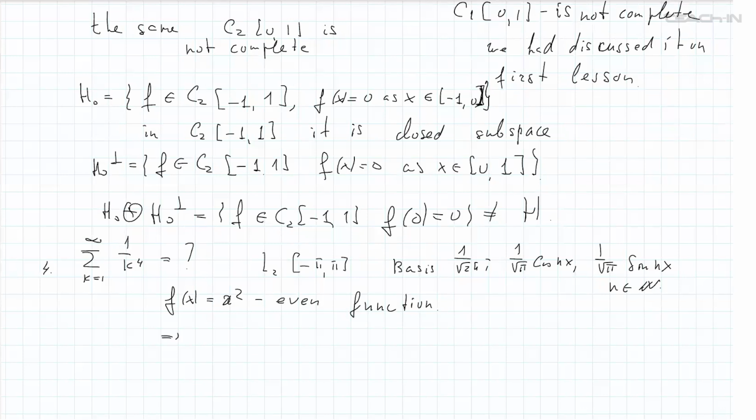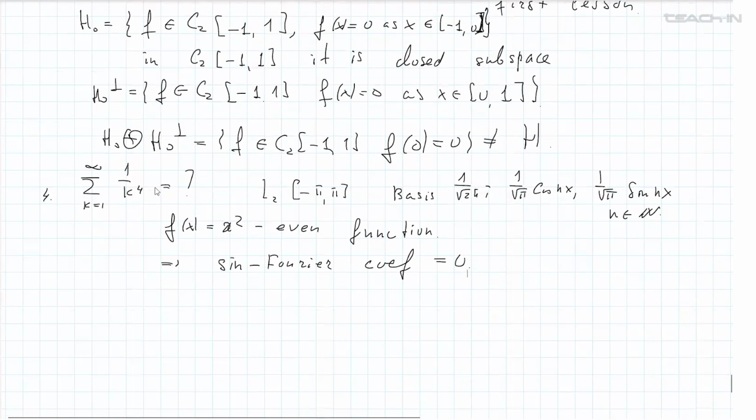So sine Fourier coefficients equal 0, yes? Because sine is an odd function. So we need only calculate f0.